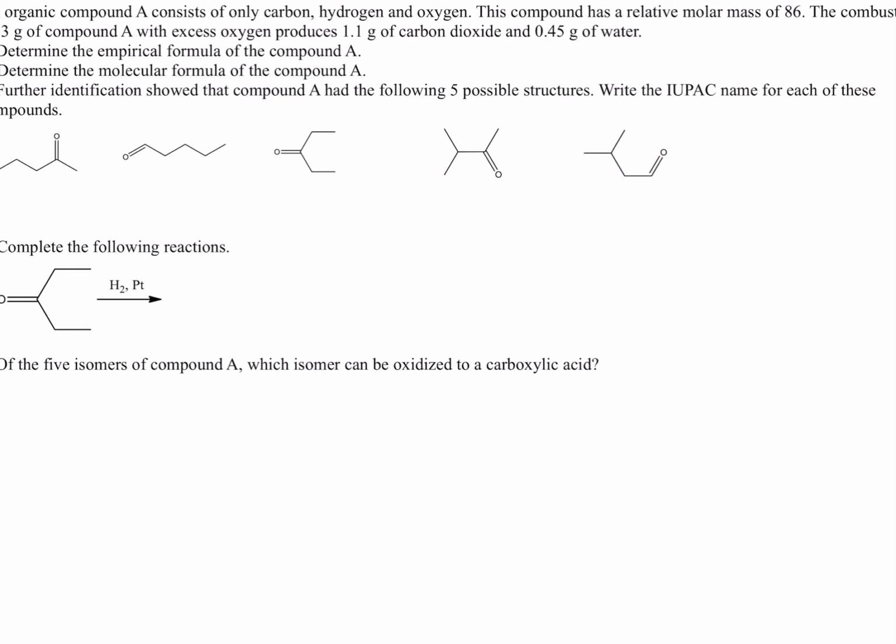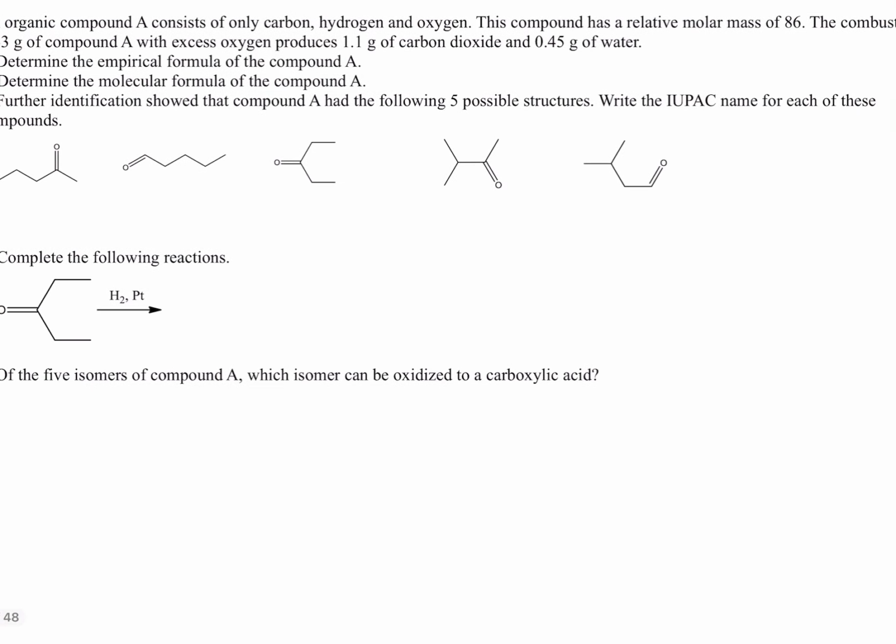And from the water, we determine the amount of hydrogen. After we know the mass of the carbon and the hydrogen, we are going to use these to calculate the remaining amount of oxygen in the compound. So this is question A.